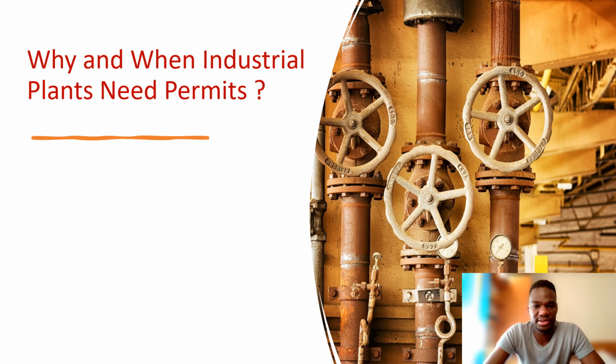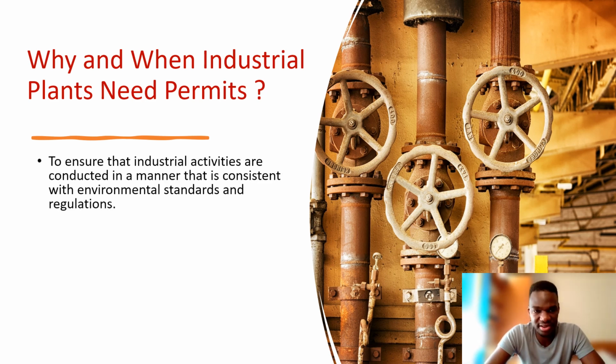So, why and when does an industrial plant need permits? The purpose of industrial plant permits is to ensure that industrial activities are conducted in a manner that is consistent with environmental standards and regulations.